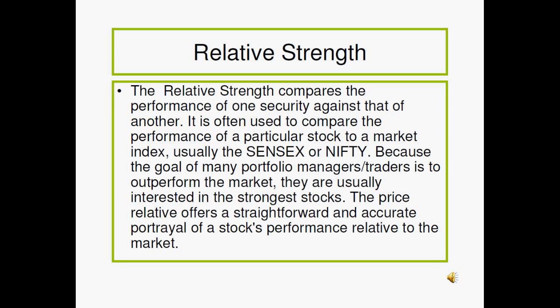When will strength increase? Number one, if we are talking about Reliance divided by Nifty, Reliance strength will increase if Reliance moves faster than Nifty. So there will be an increase in strength for Reliance.